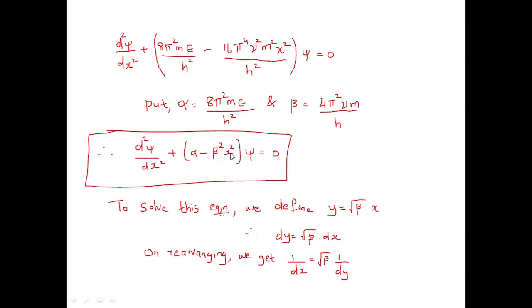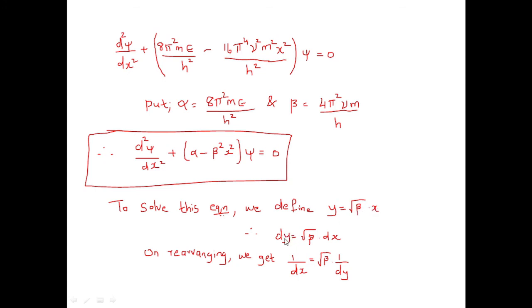So, in order to solve this equation, we will change the variable by defining a new variable, say y is equal to root of beta into x.